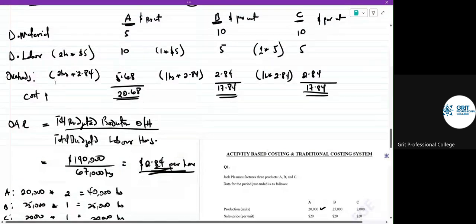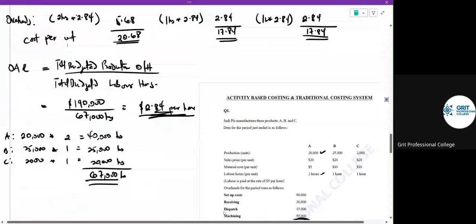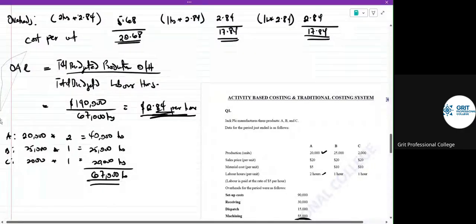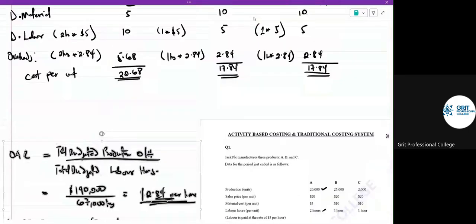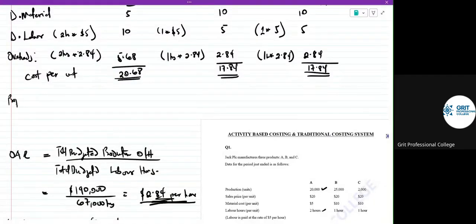It says we should find the profits per unit also. That was the requirement of the question. To find the profit per unit, we'll just take our cost from our selling price, and that will give us the profit. So let's do that quickly. Profit per unit is the selling price.